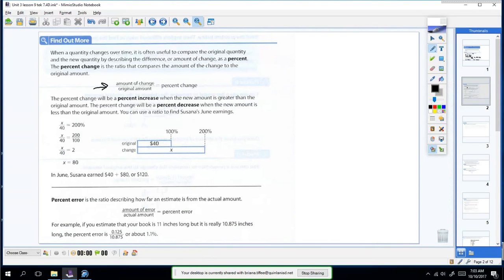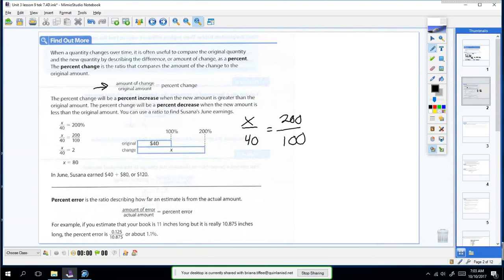You're going to use a ratio to find Suzanne's June earnings. So she usually makes $40, but she made more this year, which equals 200%, or 200 over 100. So this is where we can cross multiply.